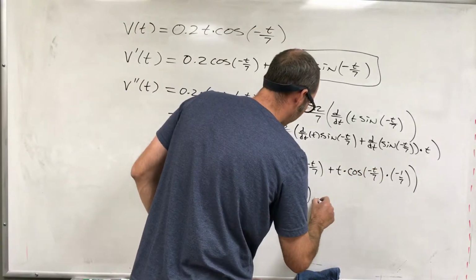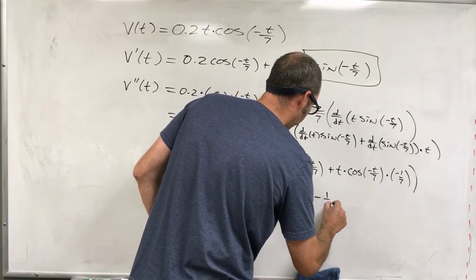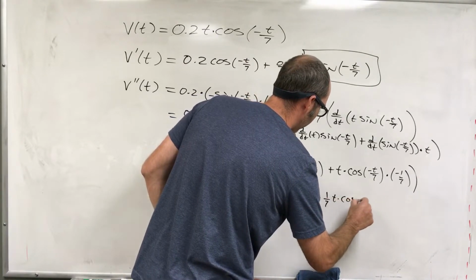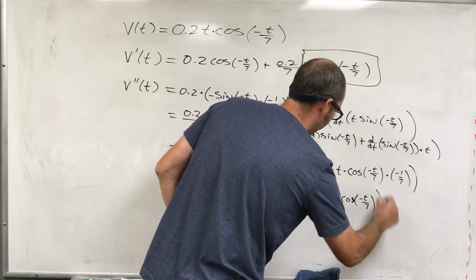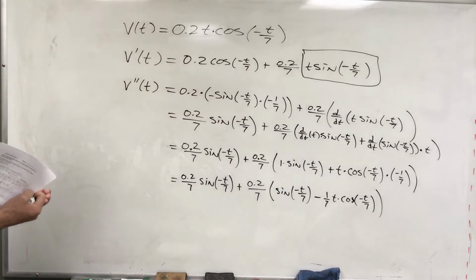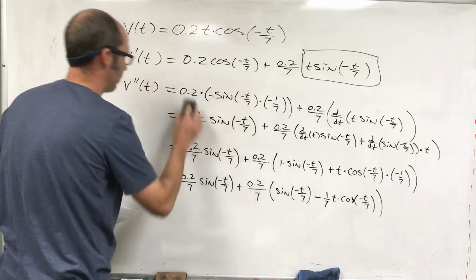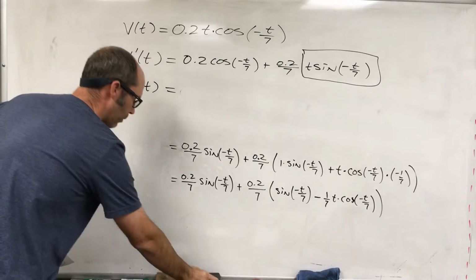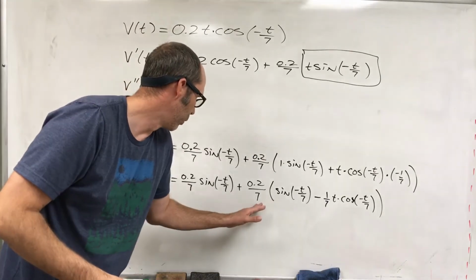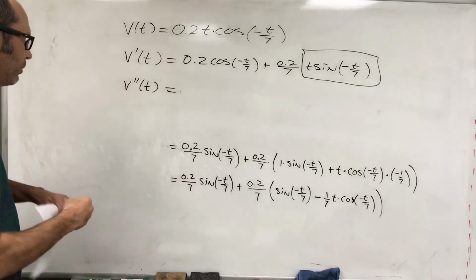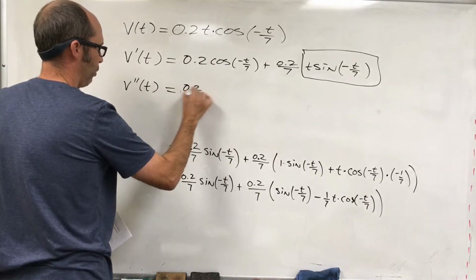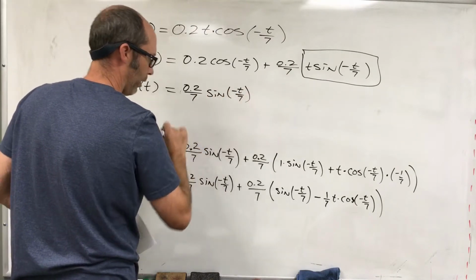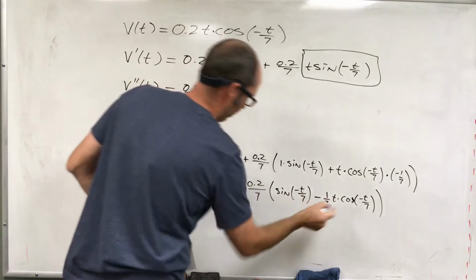Now this minus 1/7, we can say minus 1/7 t times cosine of negative t over 7. Now distributing this 0.2 over 7 through everything: first, 0.2 over 7 for this first guy, just rewrite him, sine of negative t over 7.